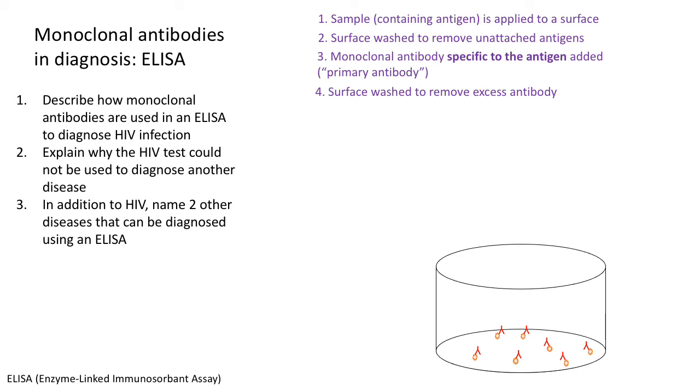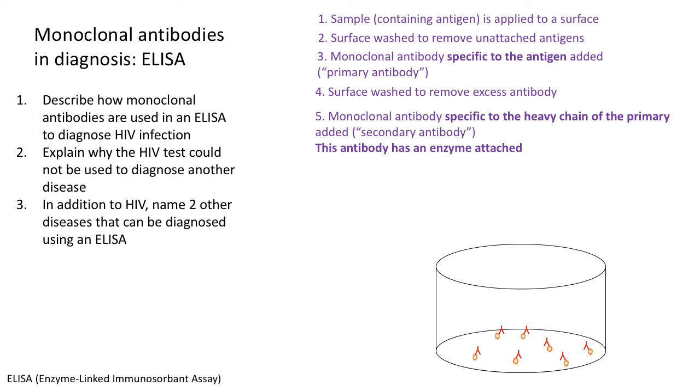And then the next step comes along, which is this. At this stage, another antibody is added. That's called the secondary antibody. And the key thing about the secondary antibody is that it has an enzyme attached to its heavy chain. And it binds to that primary antibody.